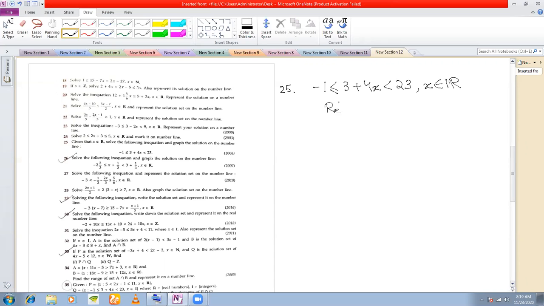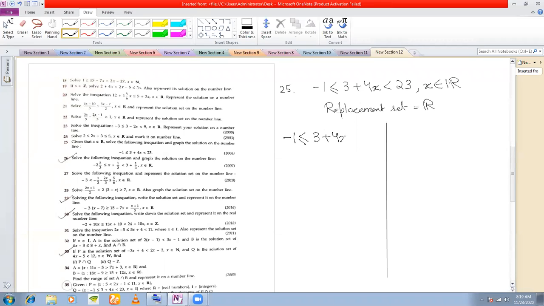We first write the replacement set. Take note of the replacement set. The replacement set is a set of real numbers. That is done. Now, this inequality consists of two inequalities, so we'll divide this into two and then work. The first inequality is minus 1 less than or equal to 3 plus 4x.